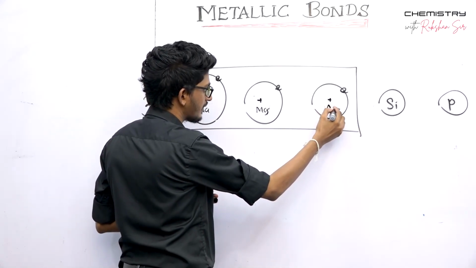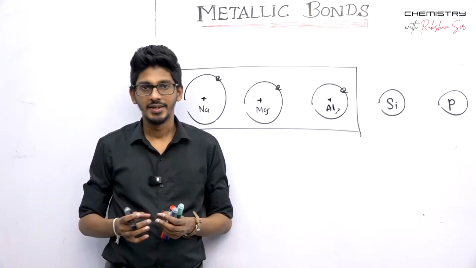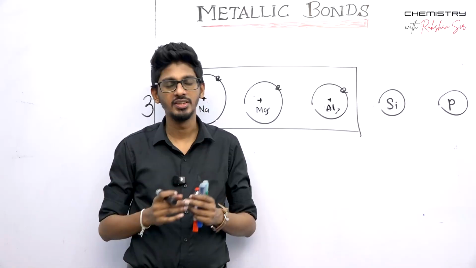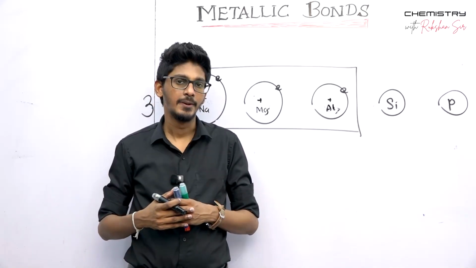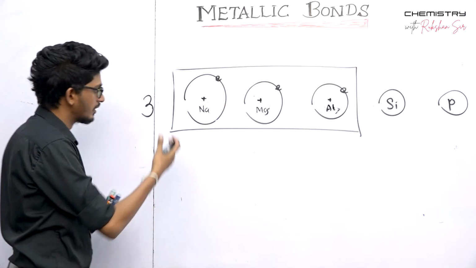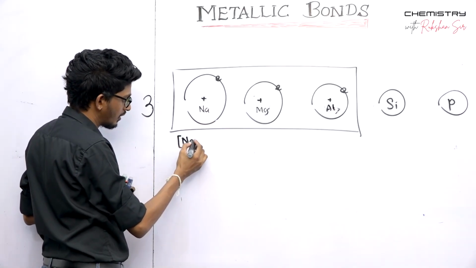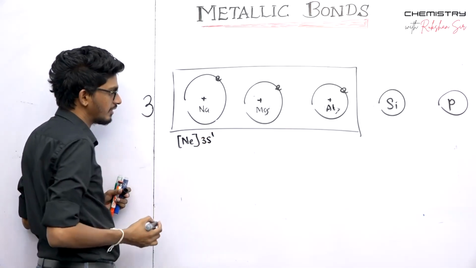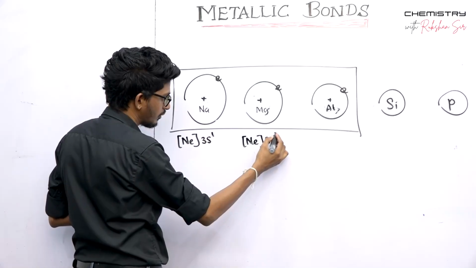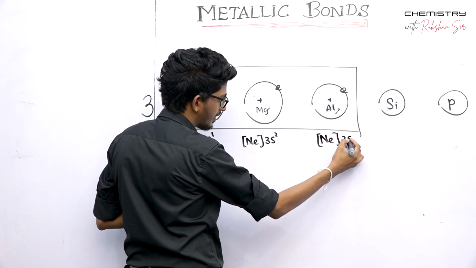On the other hand, metals are situated in the periodic table just after the noble gases. If you think of the electronic configurations, sodium's configuration is neon 3s1. Magnesium is neon 3s2. Aluminium is neon 3s2 3p1.